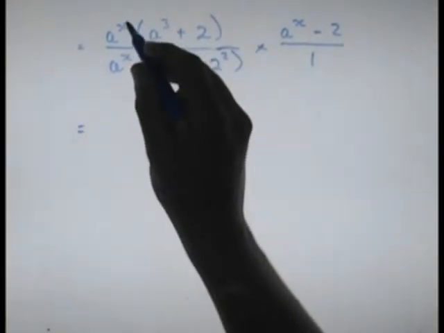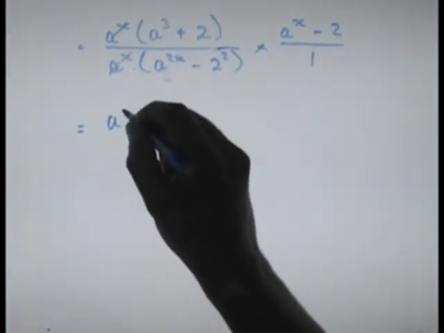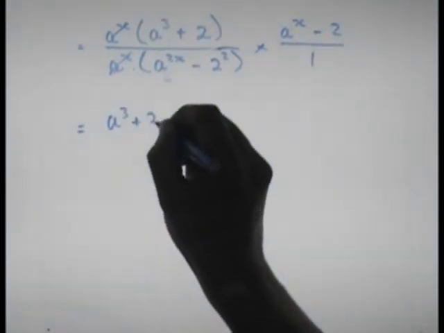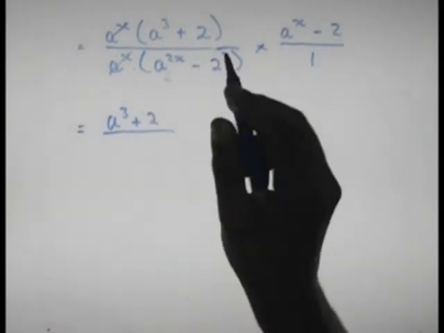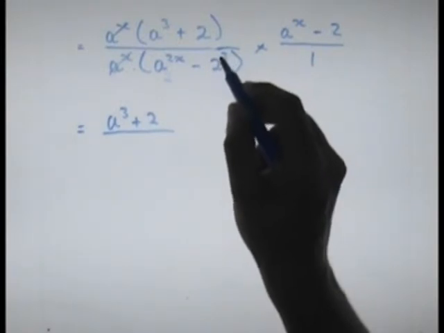That's going to cancel. The a to the power x and the a to the power x cancels, which leaves us with a to the power 3 plus 2 divided by, now look at this, a to the power 2x minus 2 to the power 2.